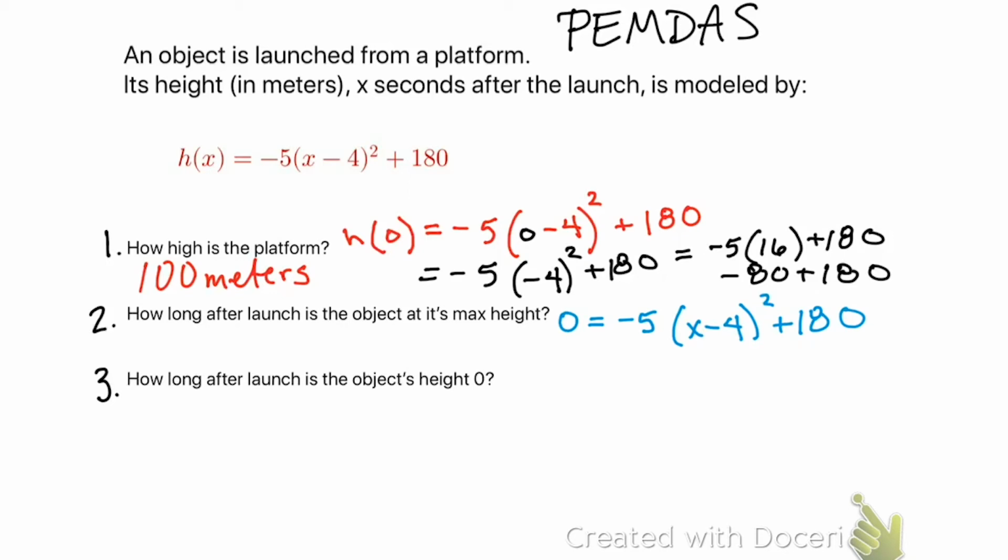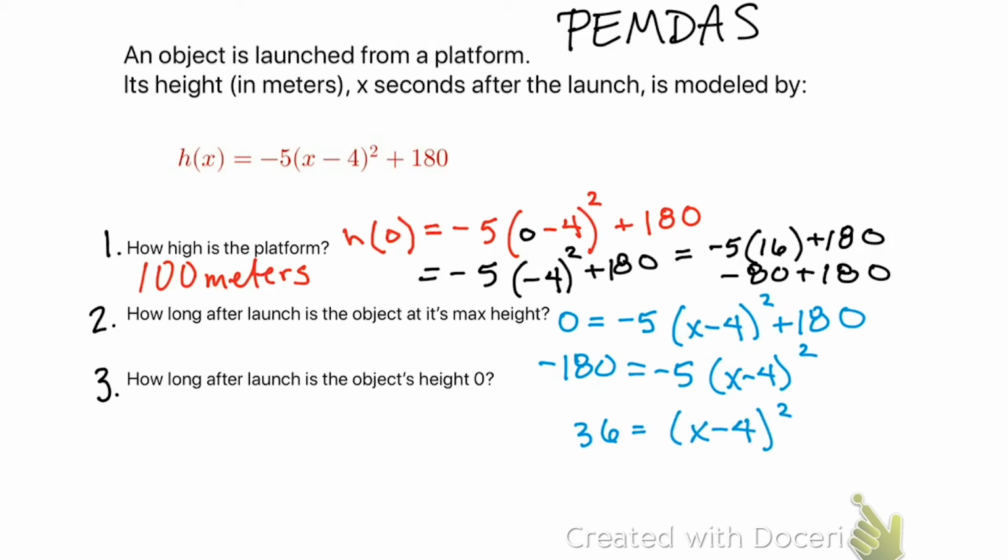I'm going to subtract 180 from both sides, and I'll have -180 is equal to -5 times x minus 4 squared. -180 divided by -5 is +36.